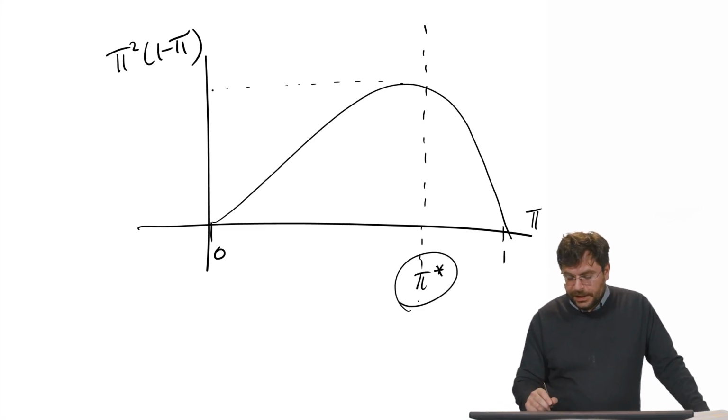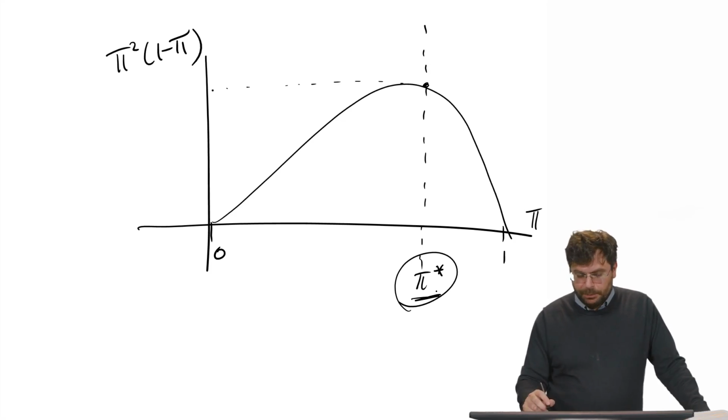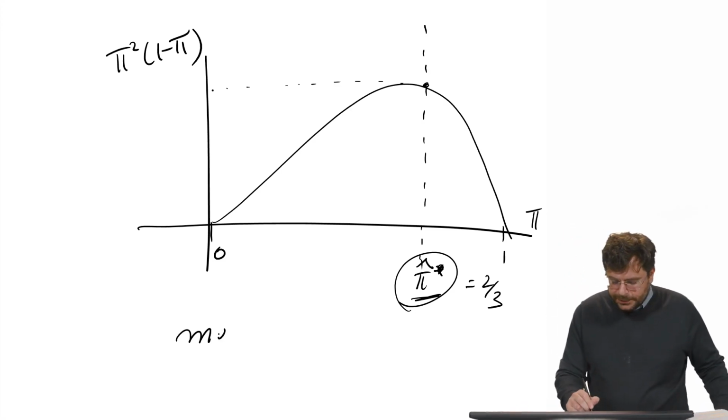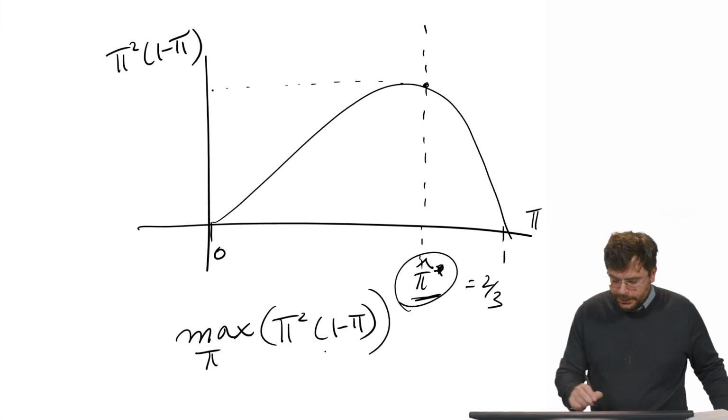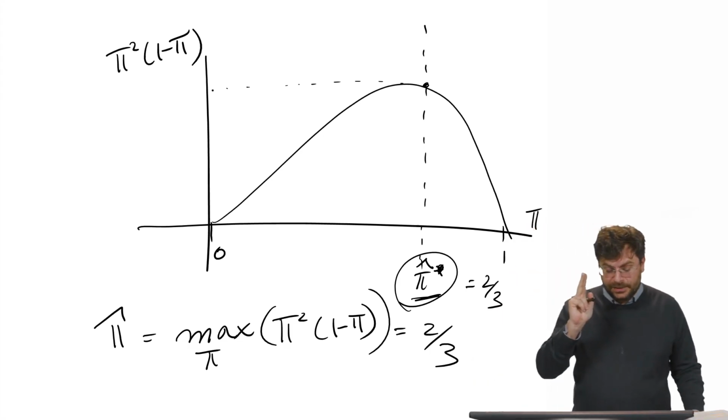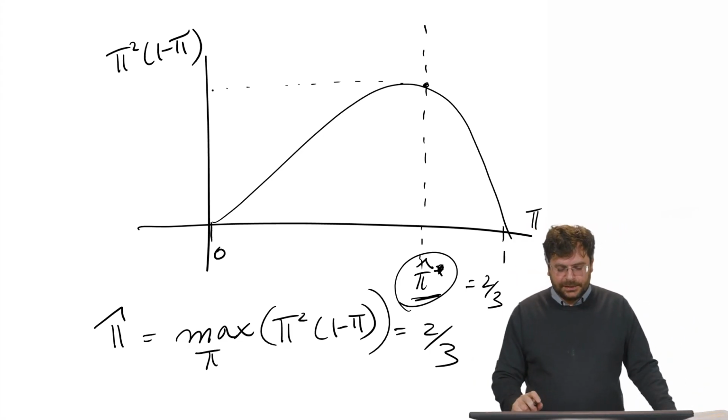This here is the value of pi for which this function is at its maximum, or I should say pi hat, is 2/3. So if I maximize pi squared times 1 minus pi with respect to pi, I better get a pi hat equal to 2/3, because I've seen heads twice and tails once.